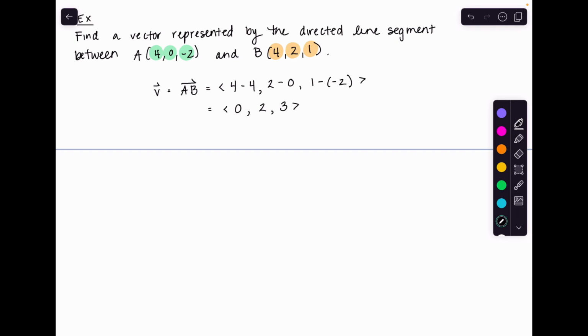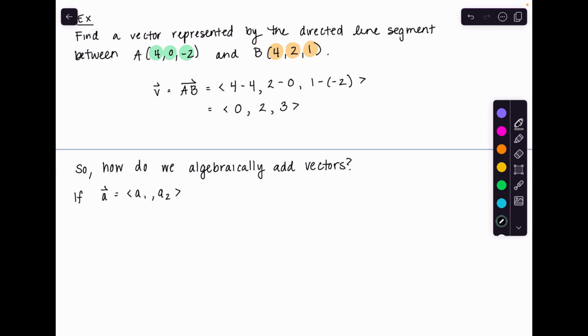So to summarize this, now how do we algebraically add vectors? If our vector A has components, we'll just do this in 2D, and again, it extends to 3D.